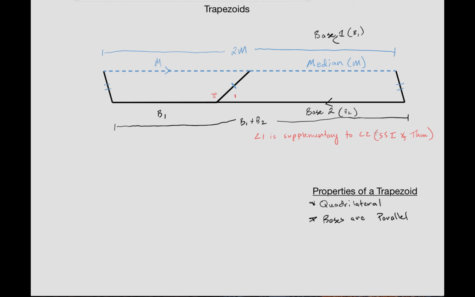Hopefully you can logically follow me, even though I'm skipping a couple of the formal proof steps here. But with that, we can now set up an equation that 2m is equal to base 1 plus base 2.